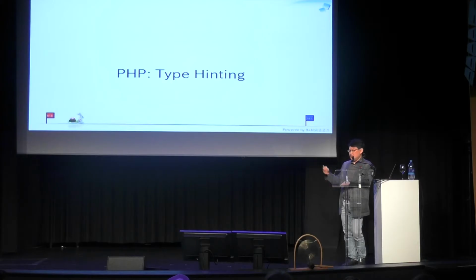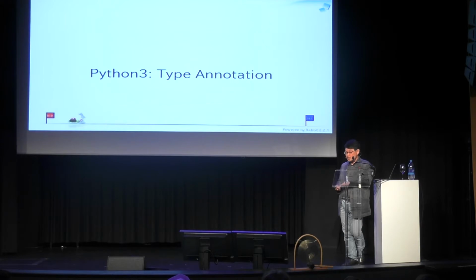Other languages try: PHP goes to type hinting, Python 3 goes to type annotations, and JavaScript comes with TypeScript. More scripting languages are going to static typing or gradual typing. And then what should we do?